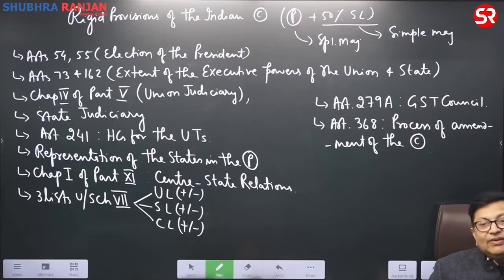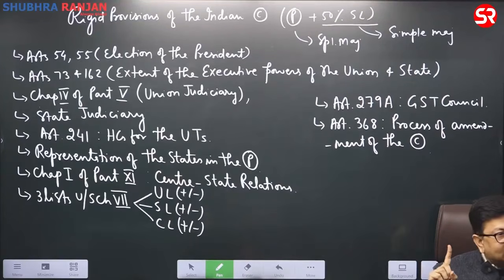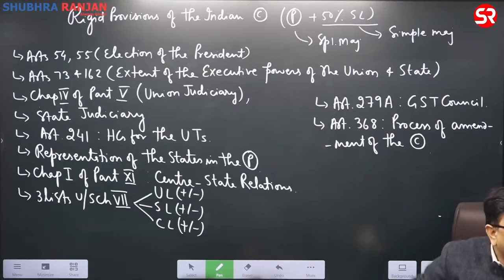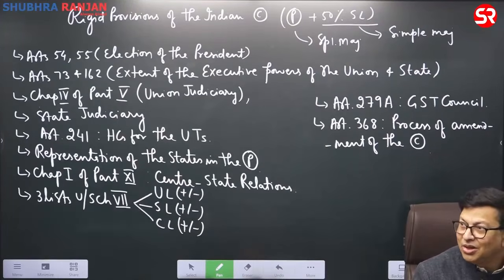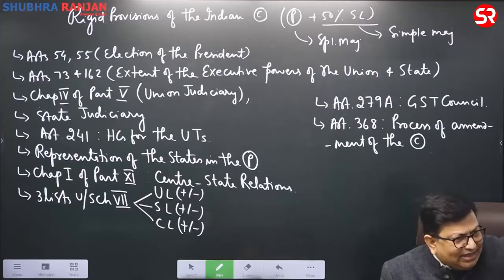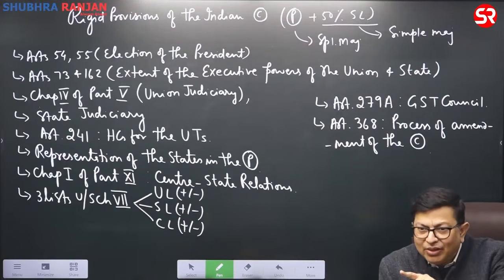Now, here is the logic of why these provisions have been made rigid in nature. Wherever the interest of the state is concerned, the provisions have been made rigid. Articles 54, 55, election of the president. Even the elected MLAs take part, so the states are empowered.